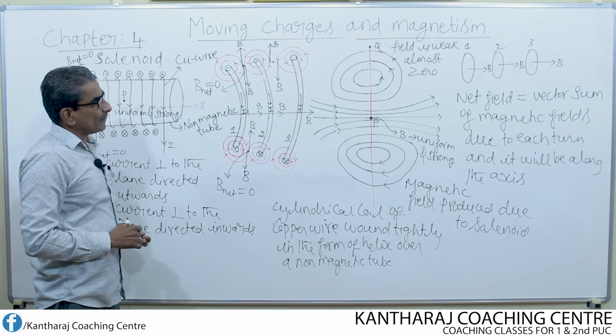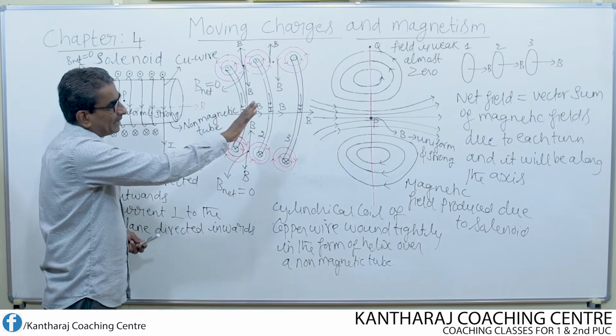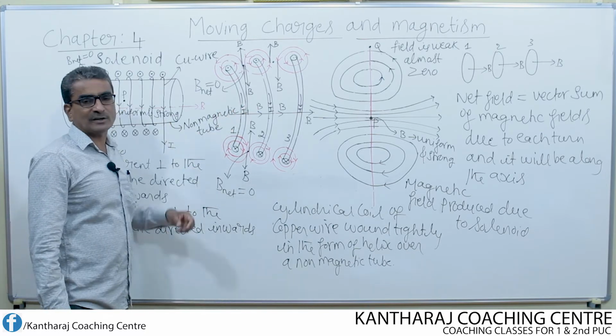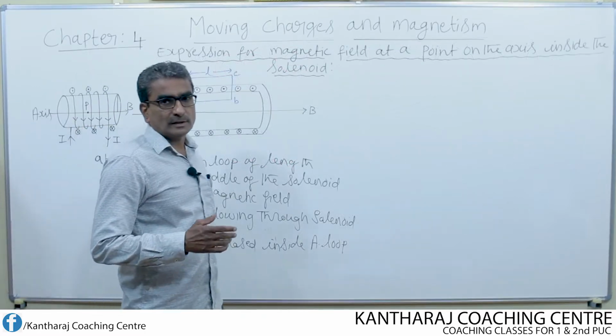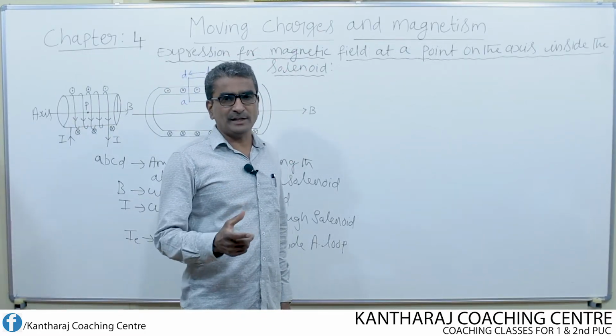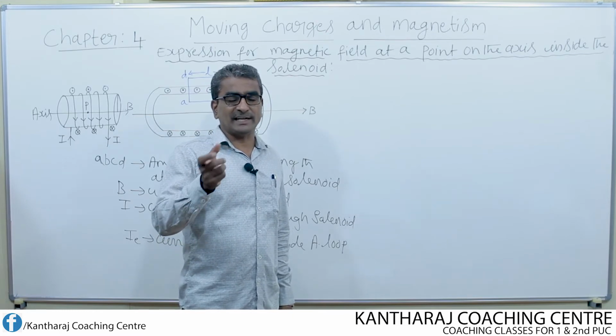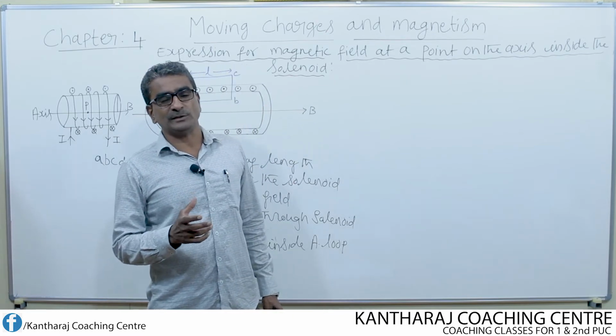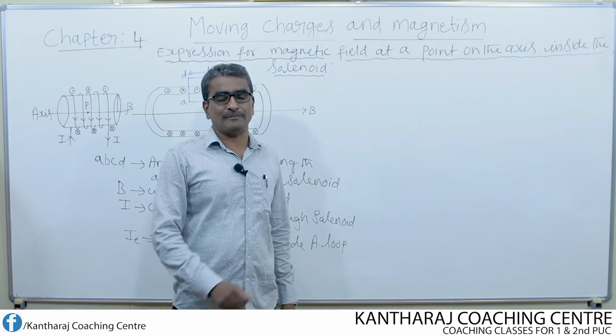Okay. So remember the field pattern and how the field exists in case of a solenoid. Now let us derive an expression for the magnetic field at a point inside a solenoid by making use of Ampere's circuital law.